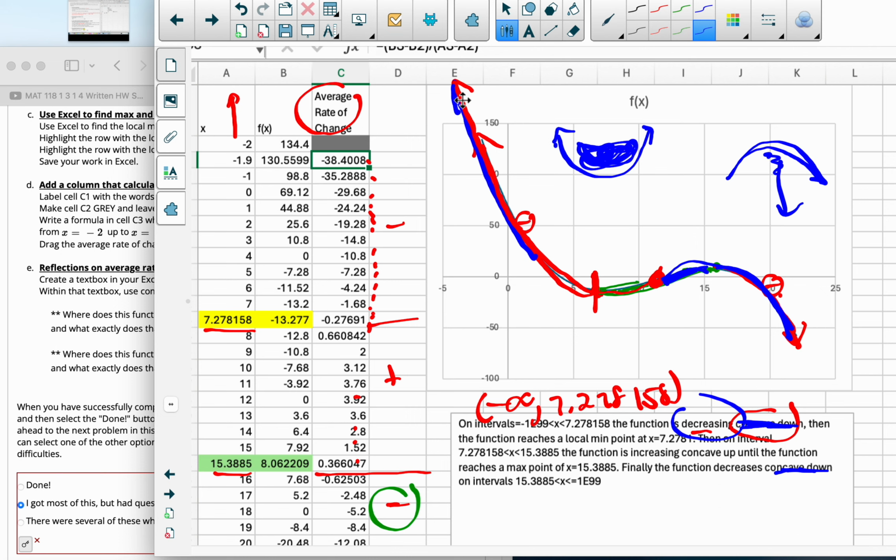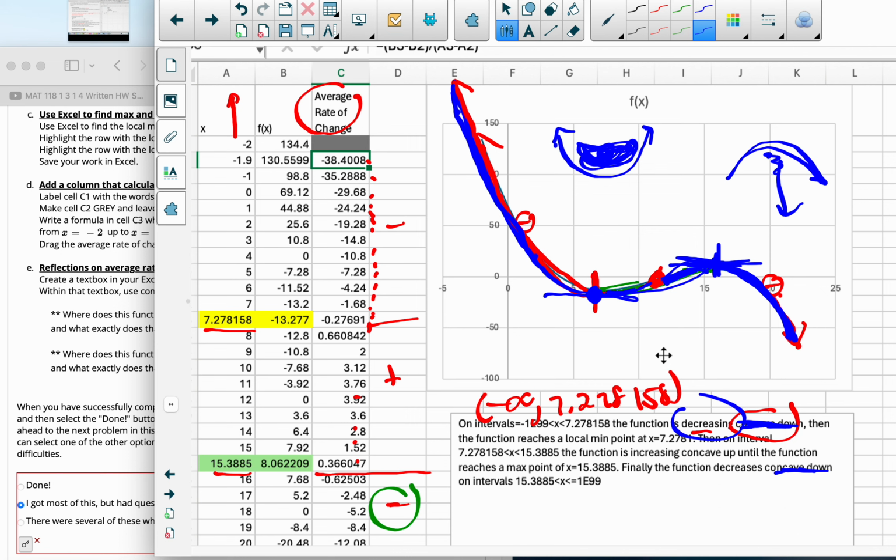It's decreasing. When the rate of change is decreasing, it's neither increasing nor decreasing at the minimum. Then it changes to be increasing all the way up till I get to my max. Then it's neither increasing nor decreasing here. The rate of change is 0, and then it becomes decreasing.